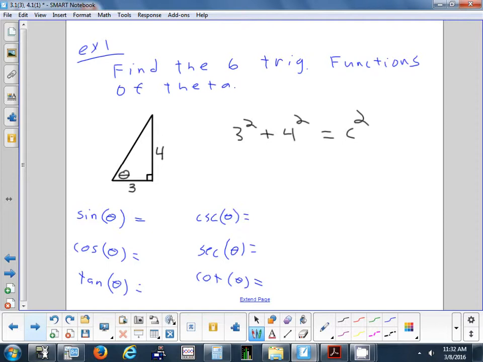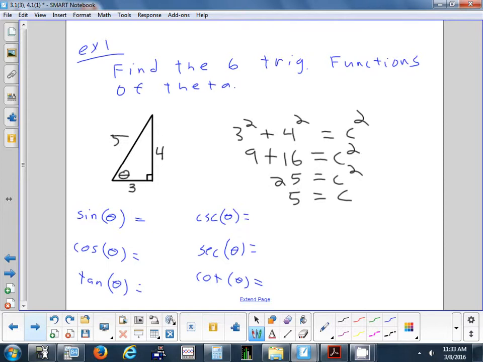Nick, what's 3 squared? 9. Yep. And 4 squared? Good, 16. If we add those up, we get 25. So what is my hypotenuse here? 5. Now I can go through and find my trig functions.